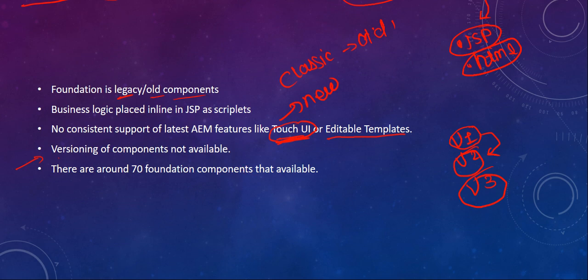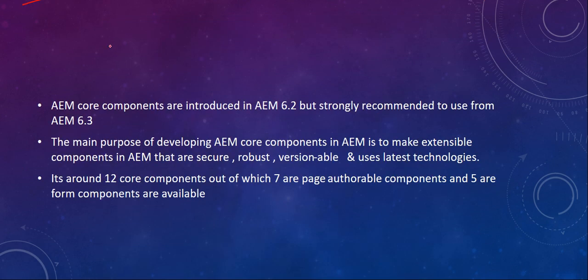And here we have the core component. All these drawbacks are covered by the core component, so that's why we are using it. It was first introduced in 6.2, but it is strongly recommended from AEM 6.3, because in 6.2 it still had some drawbacks.